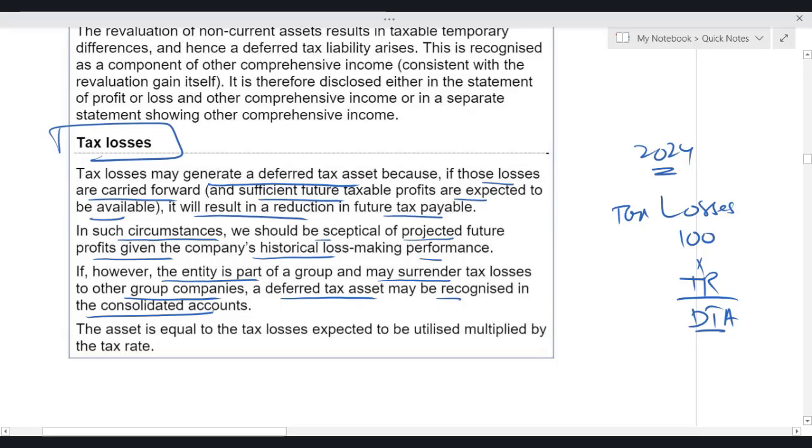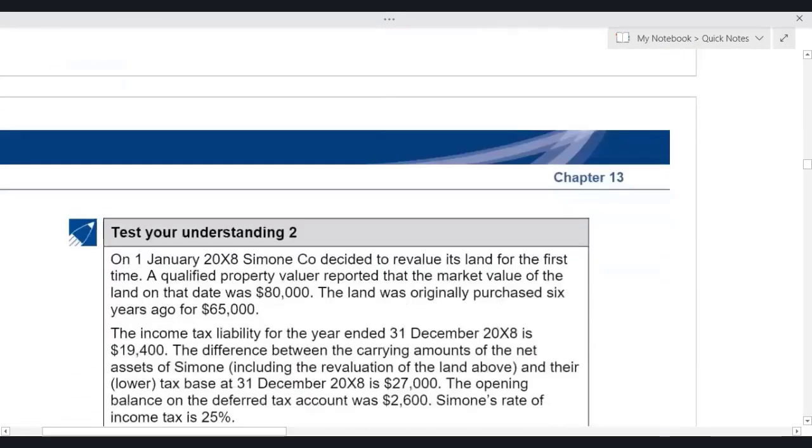But look at this, the books are group accounts, consolidated accounts. The asset is equal to the tax losses expected to be utilized multiplied by the tax rate.